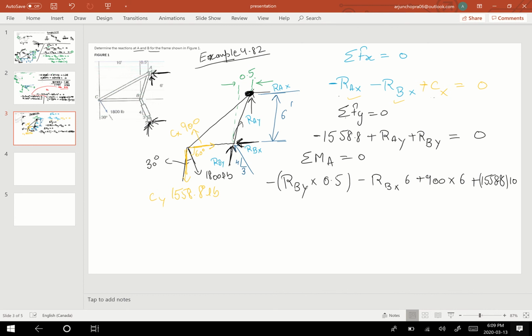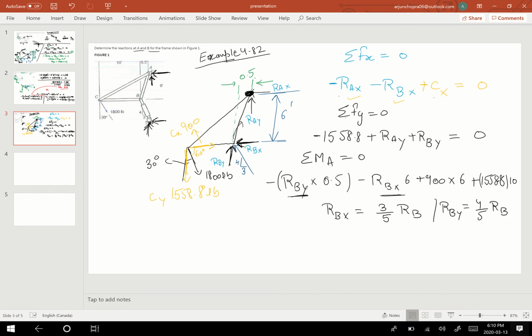And now I have an equation here with RBy and RBx. So let's look into this equation. Because there are two unknowns, can I say what the relation between RBx and RBy is? RBx is equal to 3 over 5 RB, and RBy is equal to 4 over 5 RB.